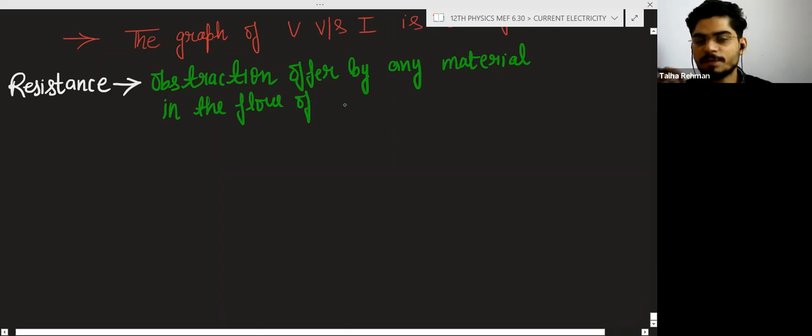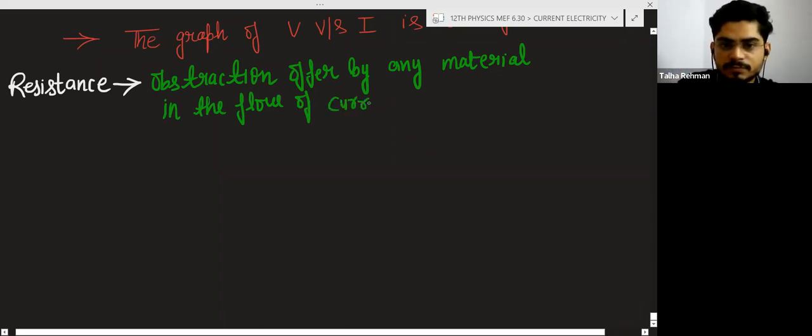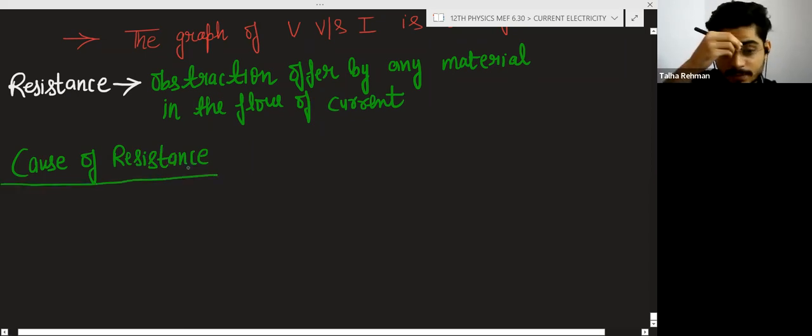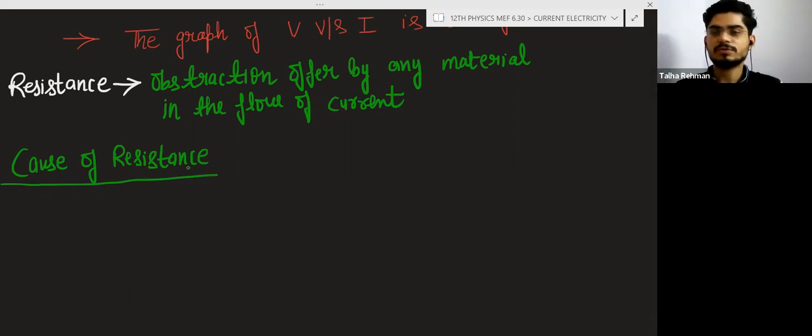Resistance always opposes the flow of current. And the cause of resistance, I have already told you: when the electron moves in the conductor, there are ions also, and electrons collide with those ions.